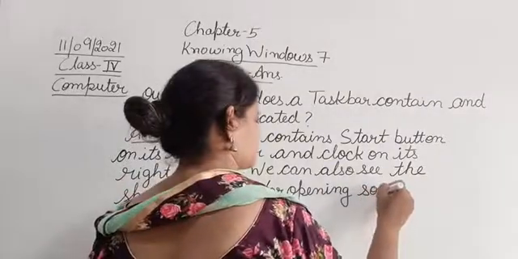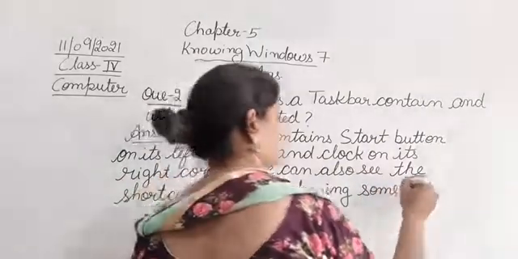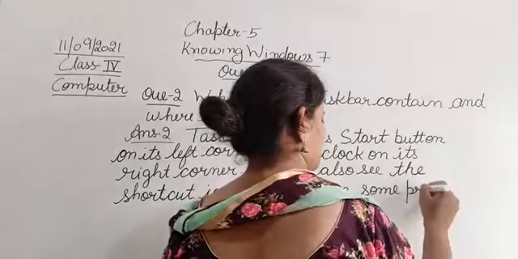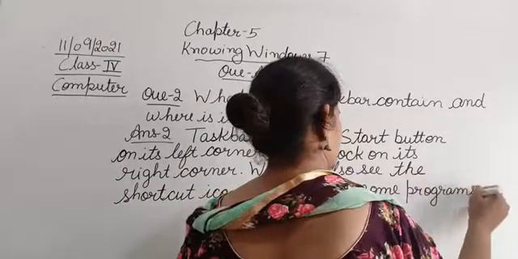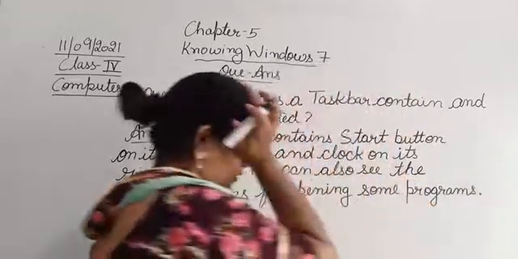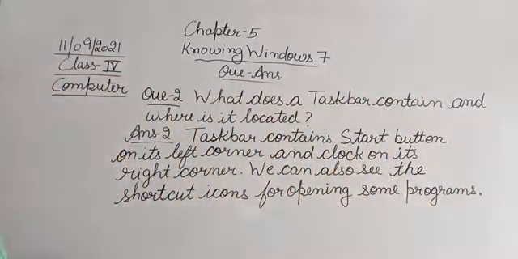Okay, so the taskbar contains the start button on its left corner and the clock on its right corner. We can also see the shortcut icons for opening some programs.